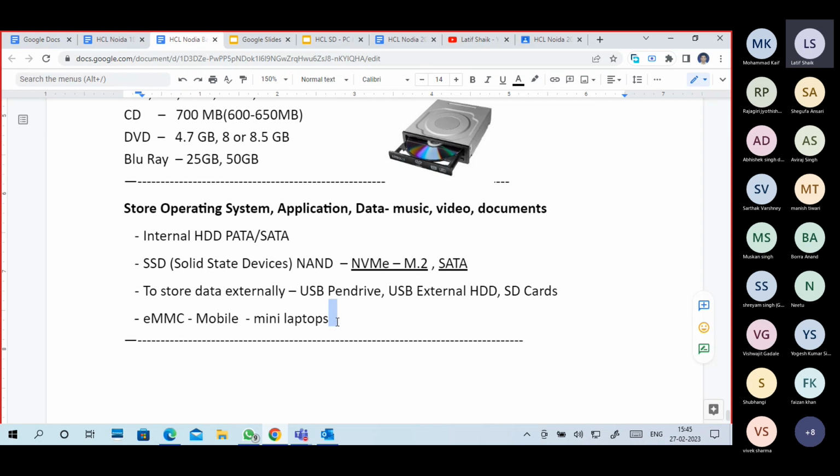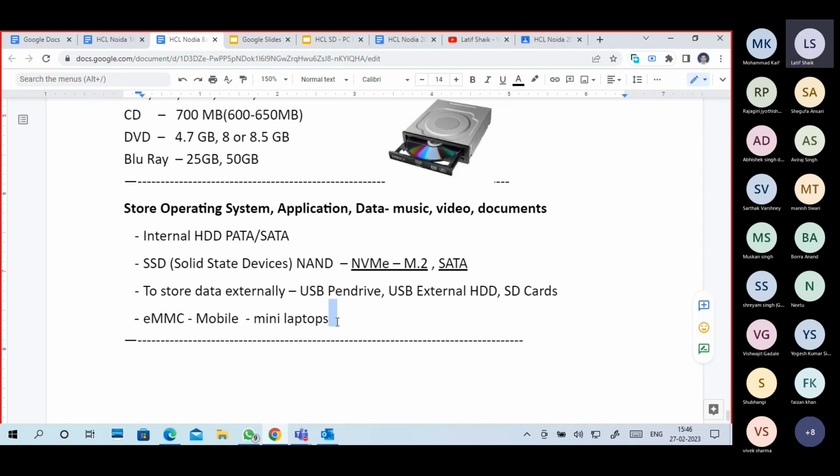Earlier we used PATA type hard disks. Next, currently we are getting SSDs. Earlier it was only the SSD name; now SSDs are really available in the market, and the cost, which was very high earlier, is now coming within reach. SSD is a NAND memory type of storage. We have SATA type interfaces, and M.2 type SSDs are also there.